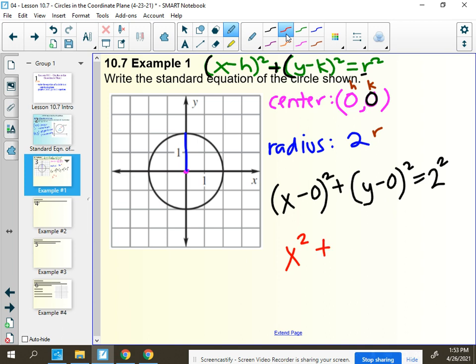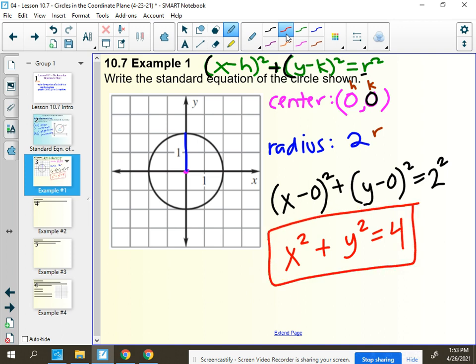For the exact same reason, y minus 0 is just y, so y squared. Both of those get simplified. And then our last part, hopefully, 2 squared, 2 times 2, 4. And that's how we leave it. There's our standard equation of a circle, x squared plus y squared equals 4 for this particular circle, with a radius of 2 and centered at the origin 0, 0.